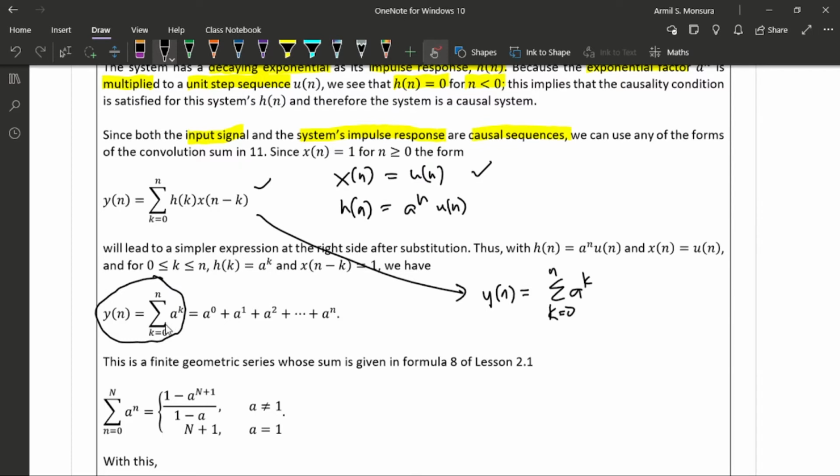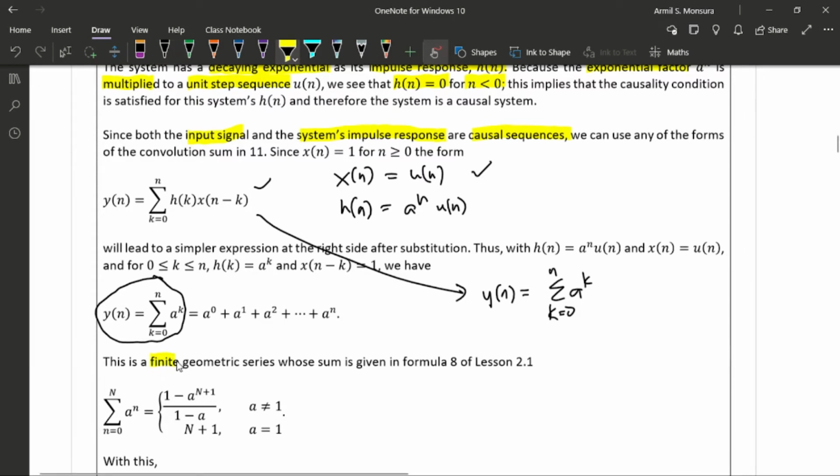Again, considering that your system is a causal LTI system and that your input sequence is a causal sequence. As we can see, this is a finite geometric sequence.